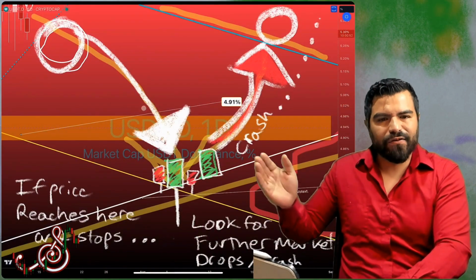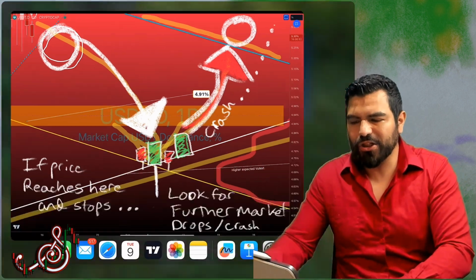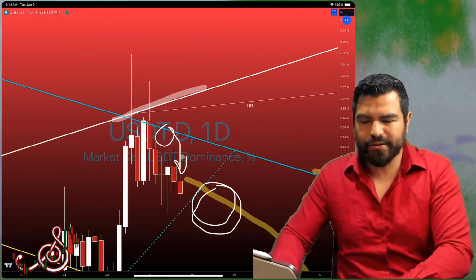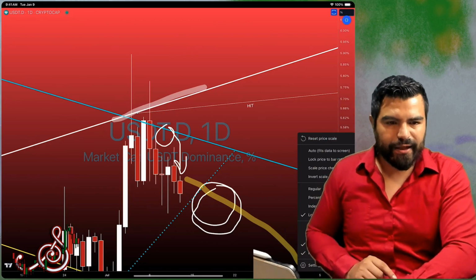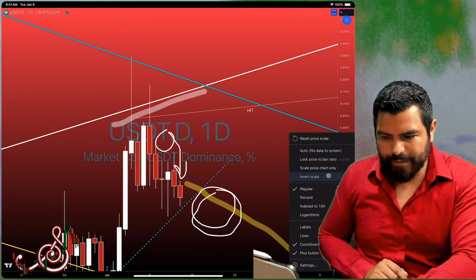Please be very careful of buying in the market when we just stop here, especially if it looks just like we saw the other day, like this, but in reverse. Okay, I'm going to flip this upside down just so you can imagine what it might look like. Oops, not that one.